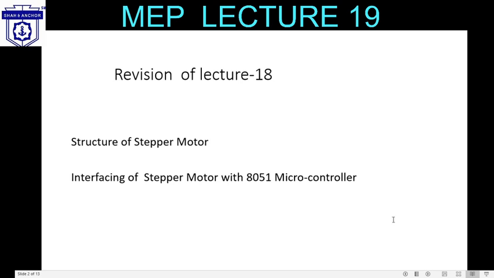To interface the stepper motor with the 8051, we can use the ULN2003A, where we use 4 pins of port 0 as output pins from the 8051 and connect them to the input pins of the ULN2003A. The ULN2003A output pins are connected to the stepper motor to control the position.